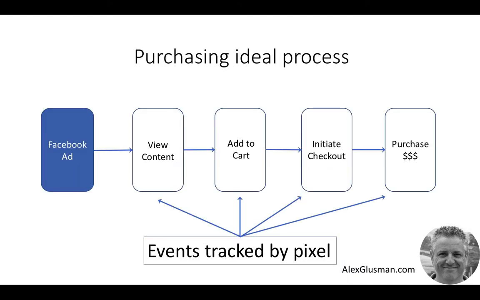We also talked in part 1 about how the purchasing process goes from a Facebook ad to the users viewing content on your website, then adding to cart, then initiating checkout, and finally purchasing the product that you're offering, and how all these events are tracked by the pixel.